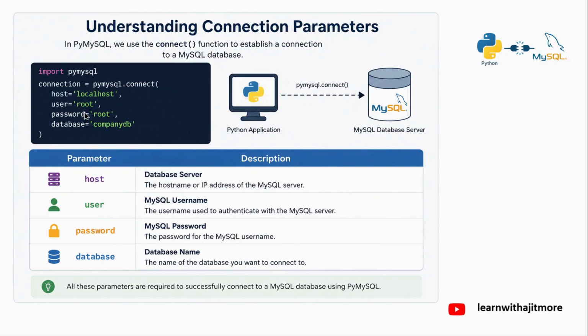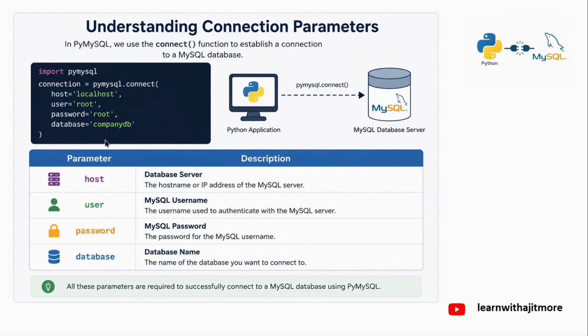Then what is the admin name? Root. Then what is the authentication password to connect with that root user? Root only, I have set. What you have set on your machine, you have to give. And next is the name of the database. Just now we created companyDB, so I give that database name. So all these parameters I hope are clear.